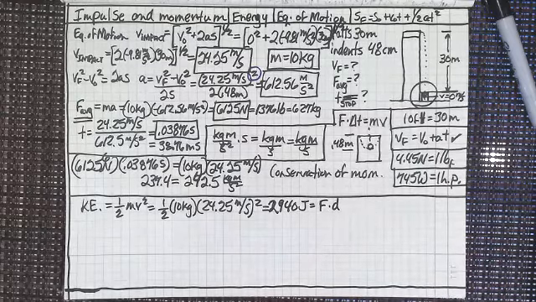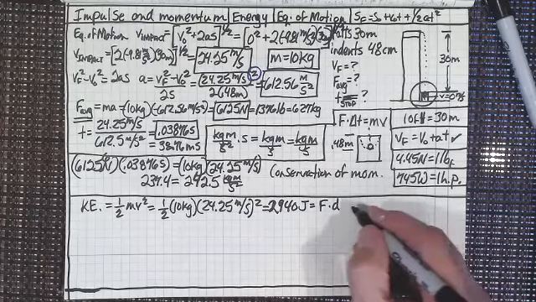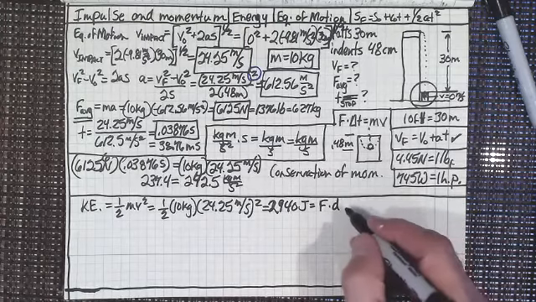So if I take the average force that's being applied, which is 6125, and I take 2940, and I divide that by the 6125, that gives me 0.48, right?